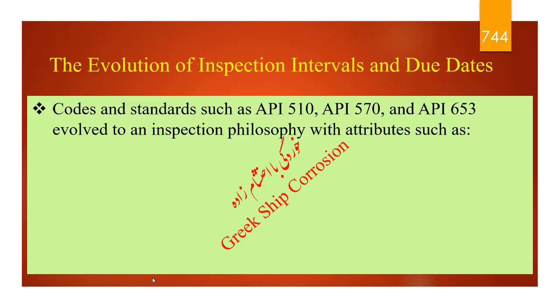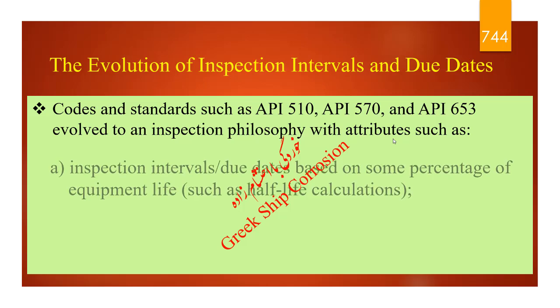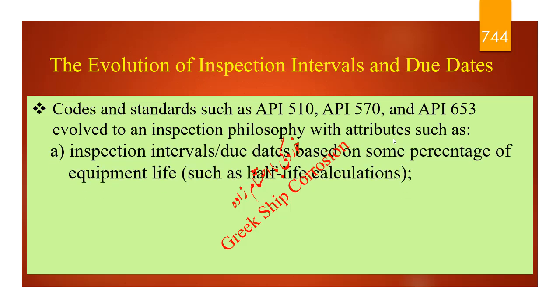Codes and standards such as API 510, API 570, and API 653 evolved to an inspection philosophy with attributes such as: A. Inspection intervals or due dates based on some percentage of equipment life, such as half-life calculations.